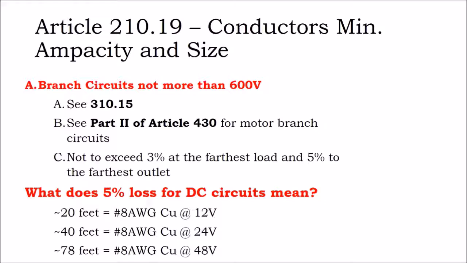We can see a reference later in the code for sizing. We can see references later in the code for motor circuits. And then we see a voltage drop requirement that says voltage drop should not exceed 3% at the furthest load or 5% to the furthest outlet.